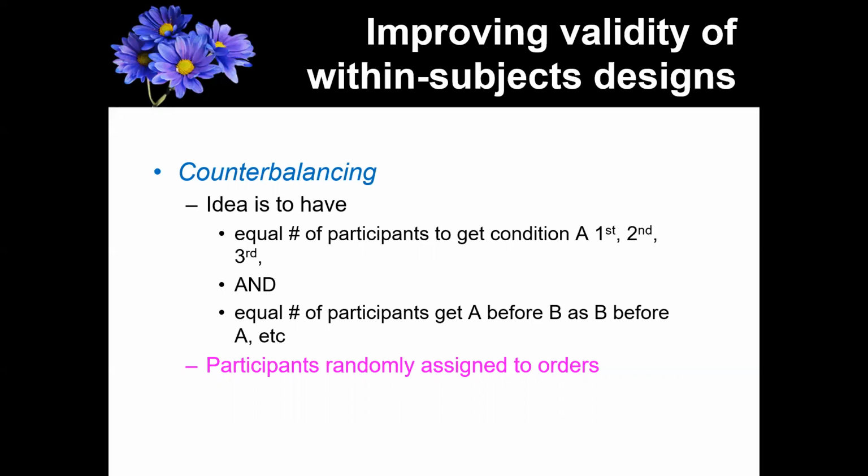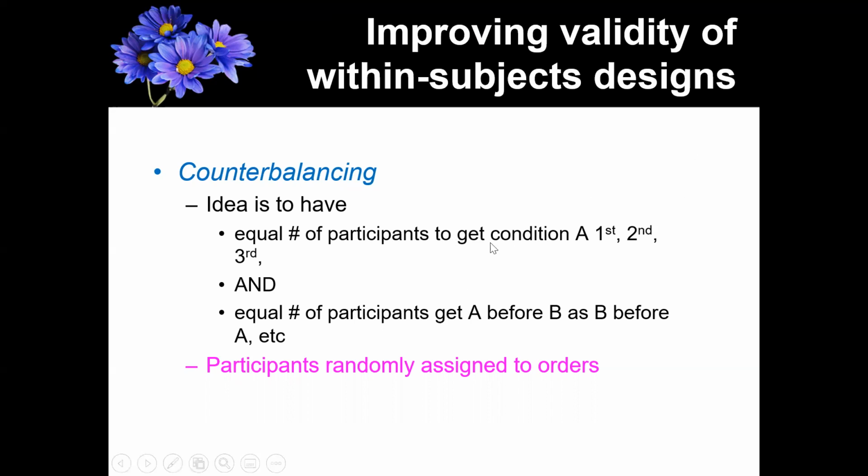So again, thinking back to this issue of confounds versus extraneous variables, because I don't want you to forget that. Order certainly could be an extraneous variable in any experiment. But remember, it's not a confound, it's just an extraneous variable if we randomly distribute it across conditions.